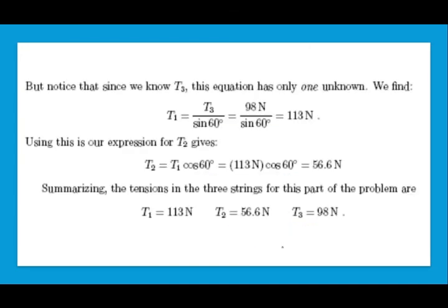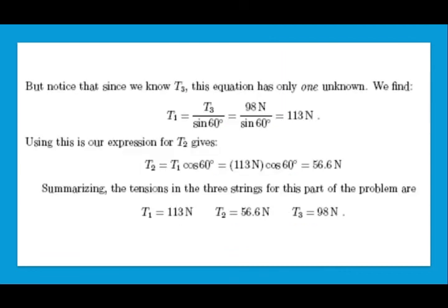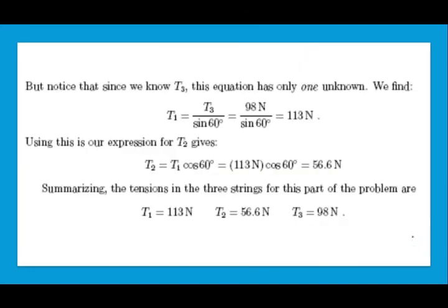And, manipulating the equation, T1 becomes T3 over sine 60 degrees. And T3, alam natin, we already solved for this one. 98 newtons over sine 60 degrees, you get 113.